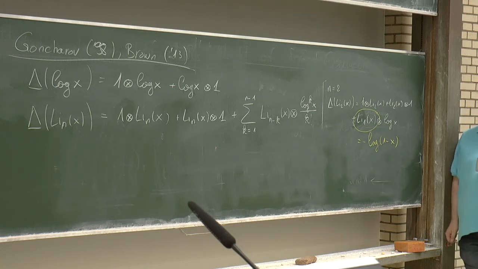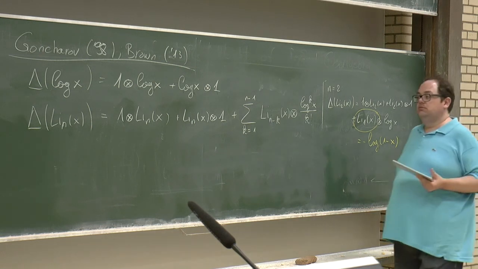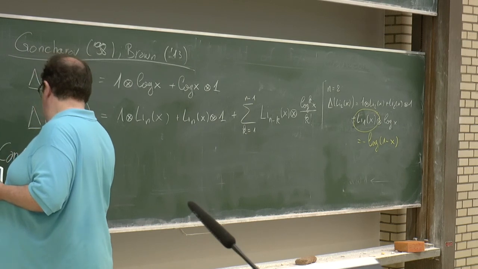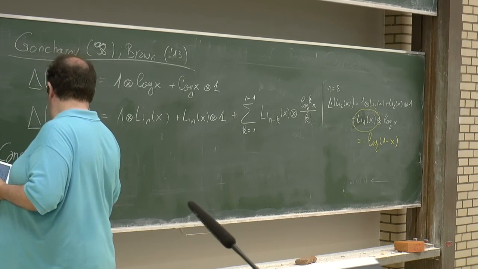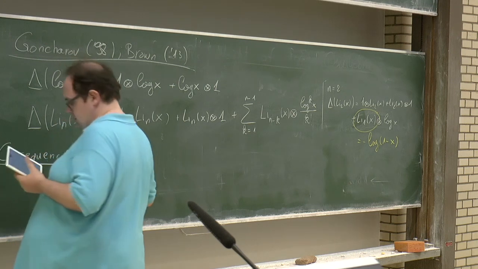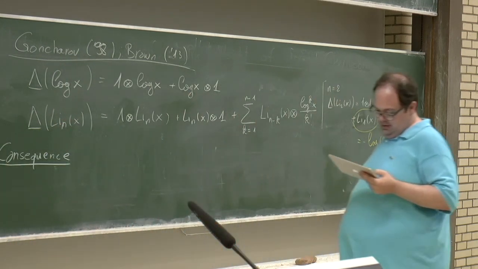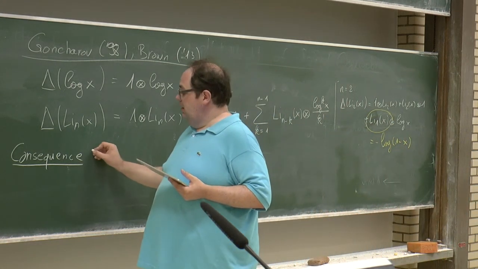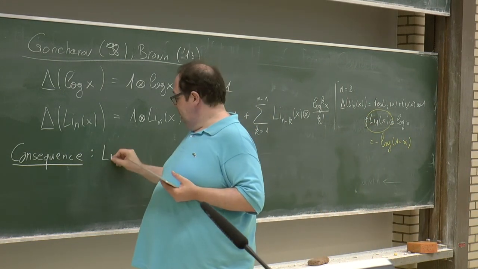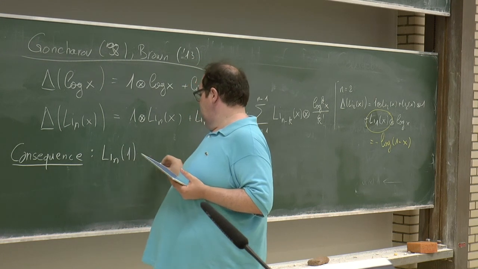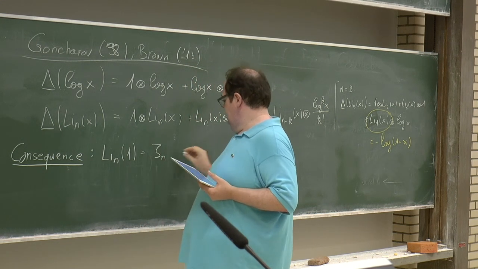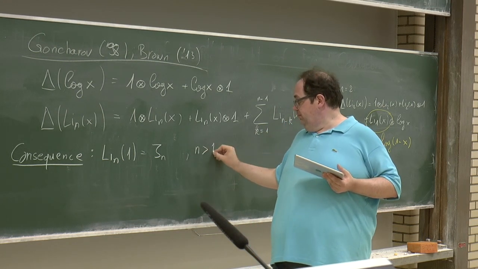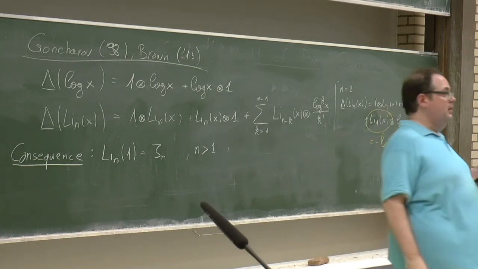Now, what does this imply? One thing that we said this morning is that Li_n evaluated at 1 is zeta n, the Riemann zeta function, because n here is bigger than 1.